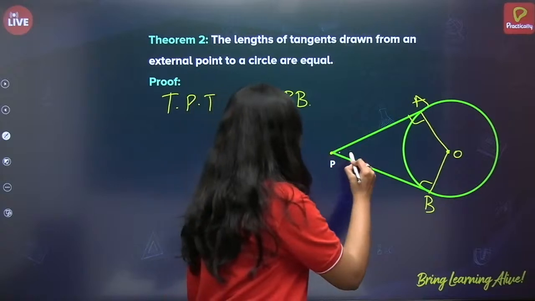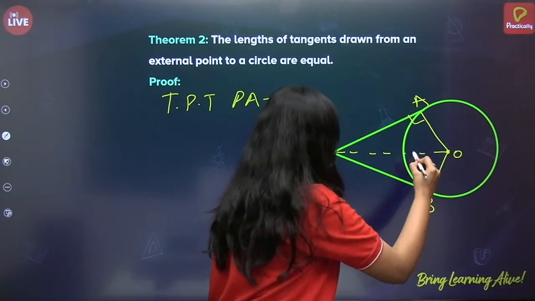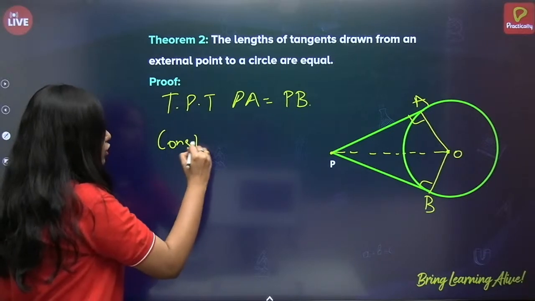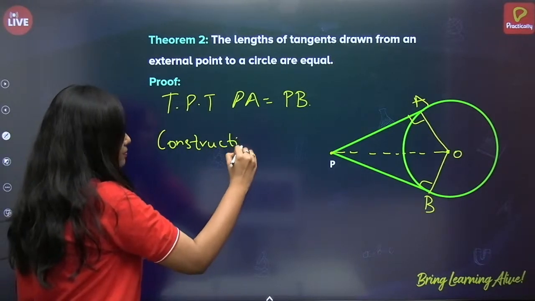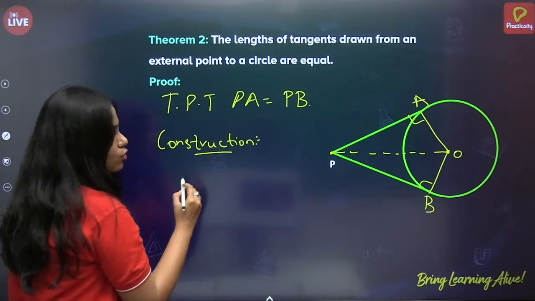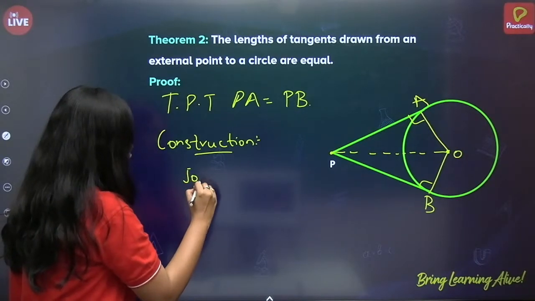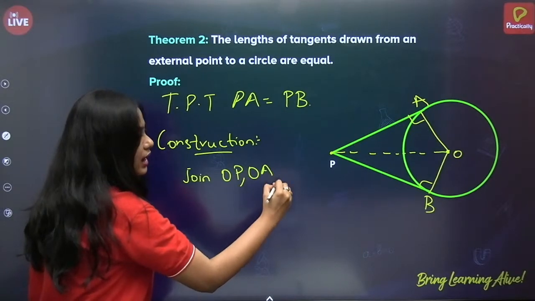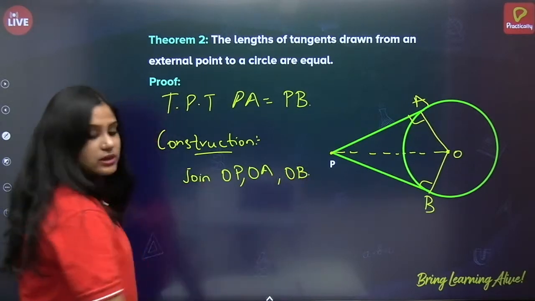Now, let me join OP. Okay, so the construction we have done. What did we do? We have joined OP, OA and OB, correct?